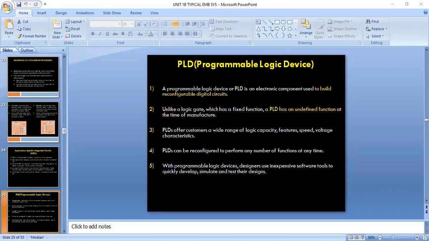In PLA, the AND logic will be first and the OR logic next. In PAL, the OR logic will be first and the AND logic second. So whenever I have a requirement like OR plus, AND plus, NOR plus, we can use these PLDs for programming it. That is for sure. That is what this PLD does.